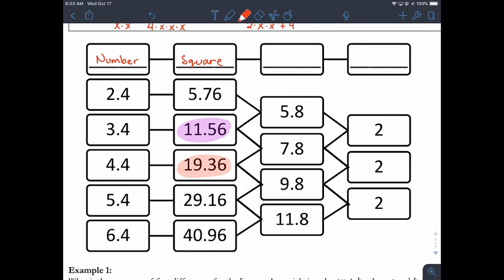And that gives me 7.8. Because we're subtracting, we're going to label the top of that column the first difference. And again, we subtract again. 7.8 minus 5.8 is 2, so we call this one our second difference.